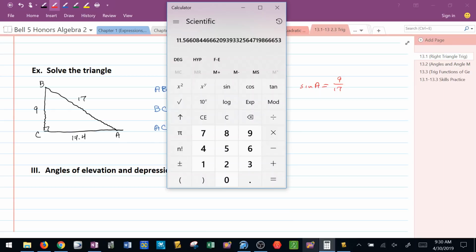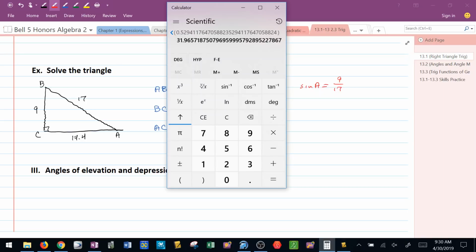Here's how you do inverse trig. On your calculator, you're probably going to go second sine and then type in 9 divided by 17. I have to go 9 divided by 17, get that answer, and then hit the shift button and hit the inverse sine button.